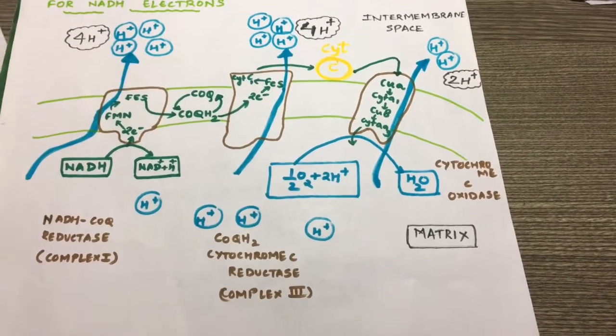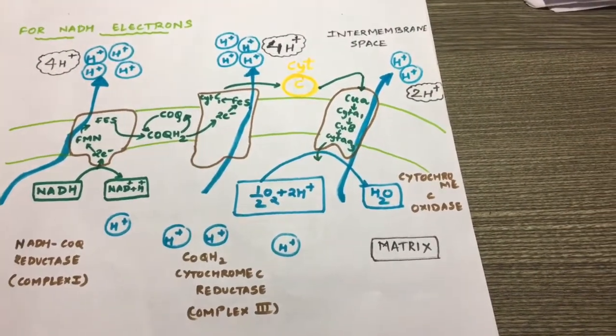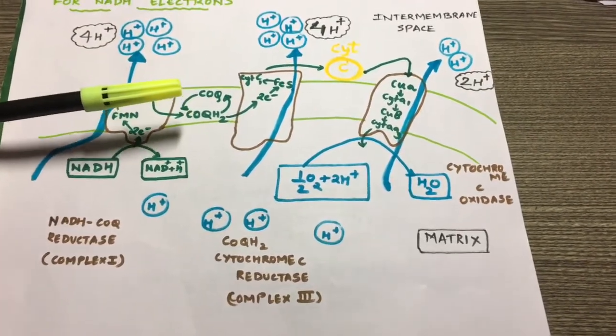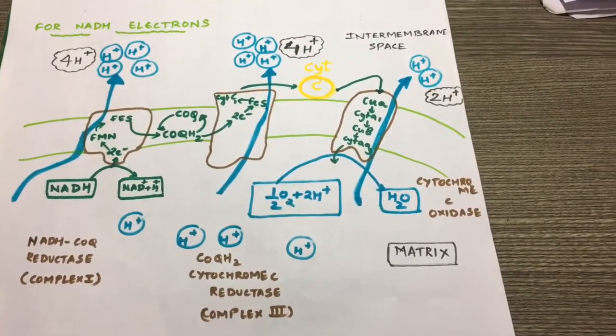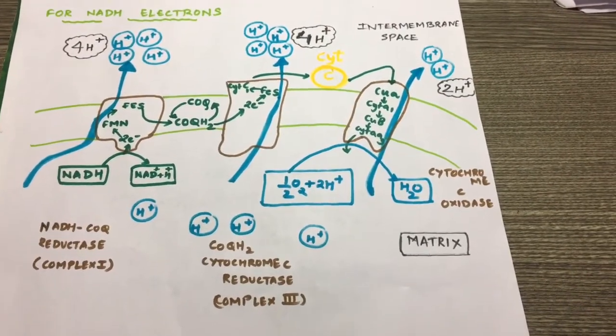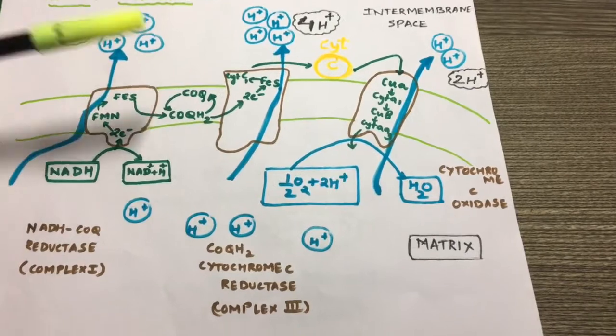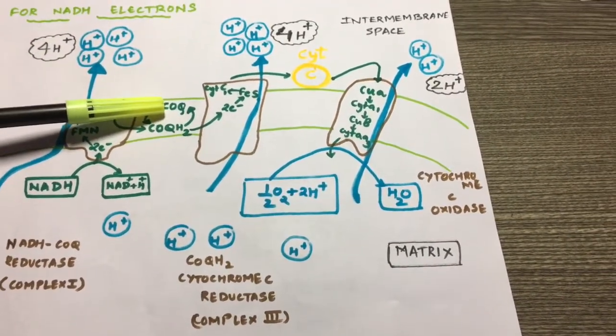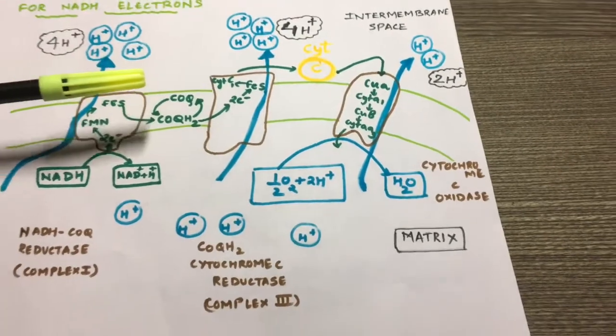This ubiquinone will accept one electron to be converted into semiquinone, and then one more electron will be accepted by the semiquinone to be converted into ubiquinol.